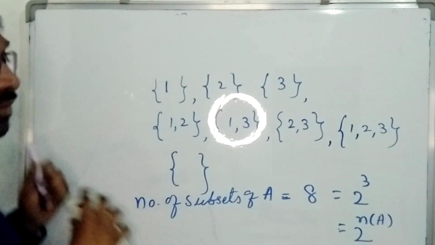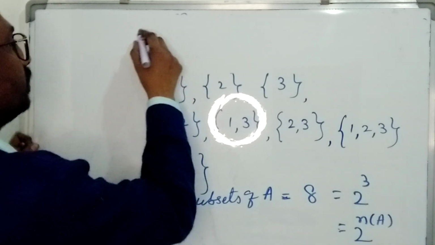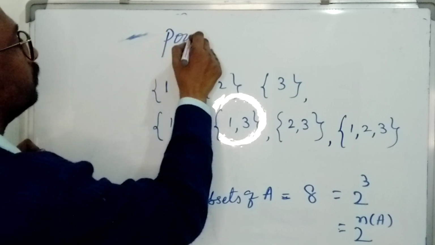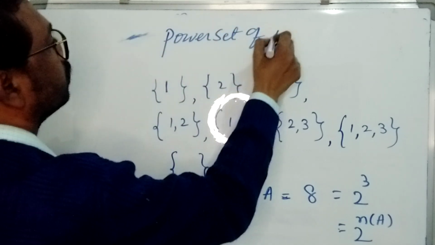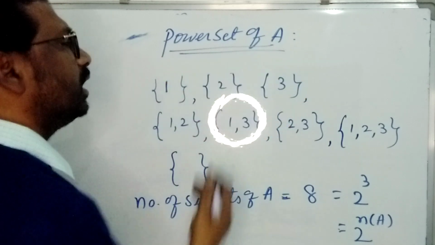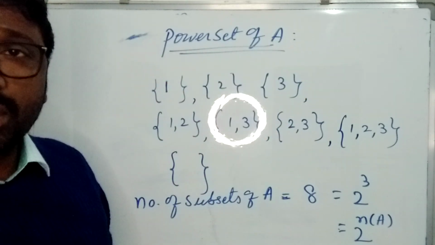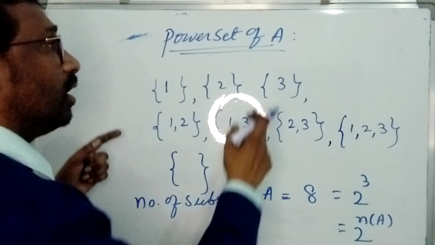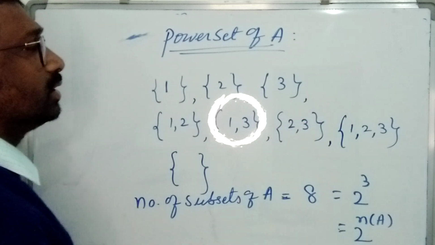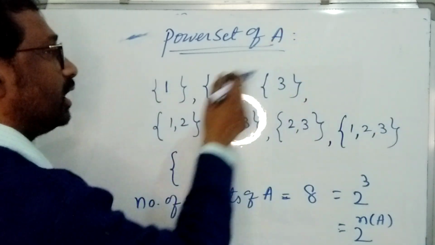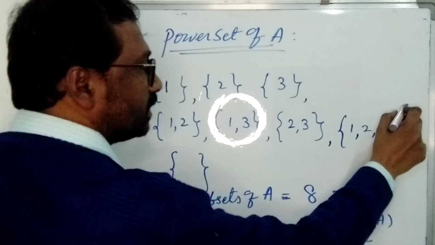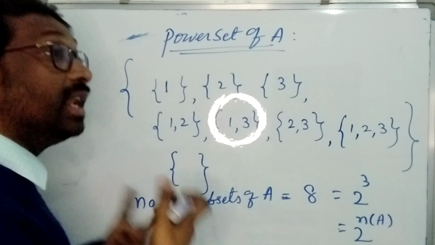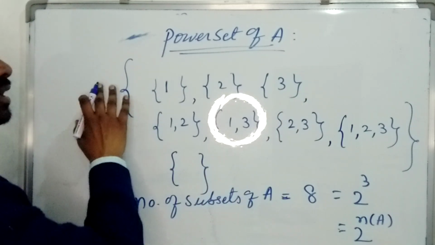Next, power set of A. It is also easy. Power set of A means the set which contains all the subsets of the set A as elements. These are all the subsets of the set A. If you put all these sets between the set symbol, then each set becomes an element. Then this is one set.